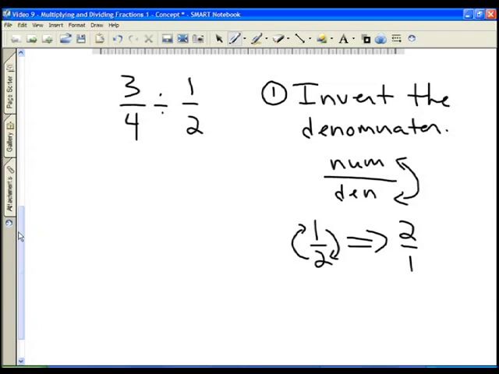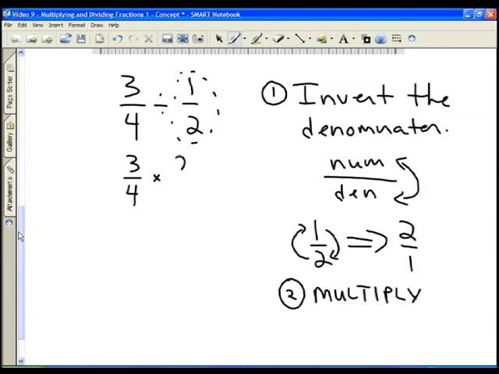So we invert the denominator, and after we invert the denominator, then we multiply. Invert and multiply when you're dividing fractions. So we'll rewrite the 3/4, and we'll change the sign to multiplication and invert the fraction.